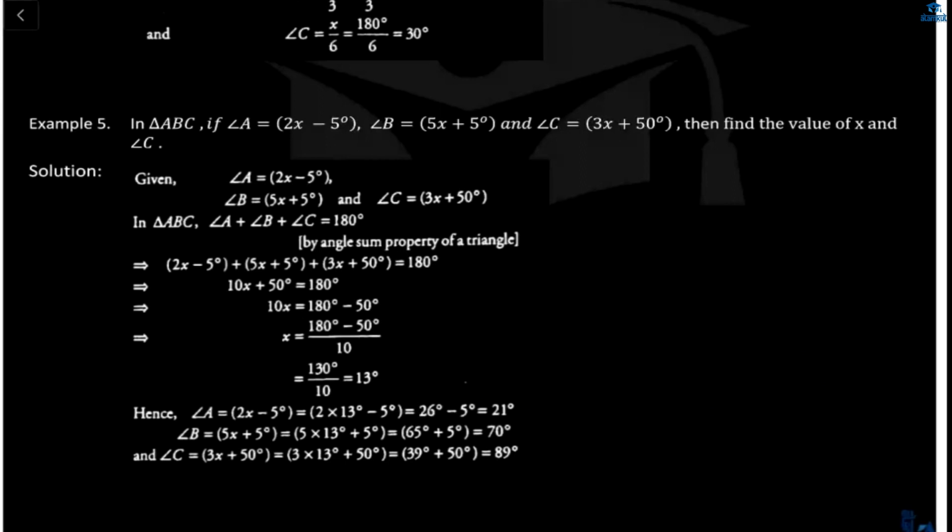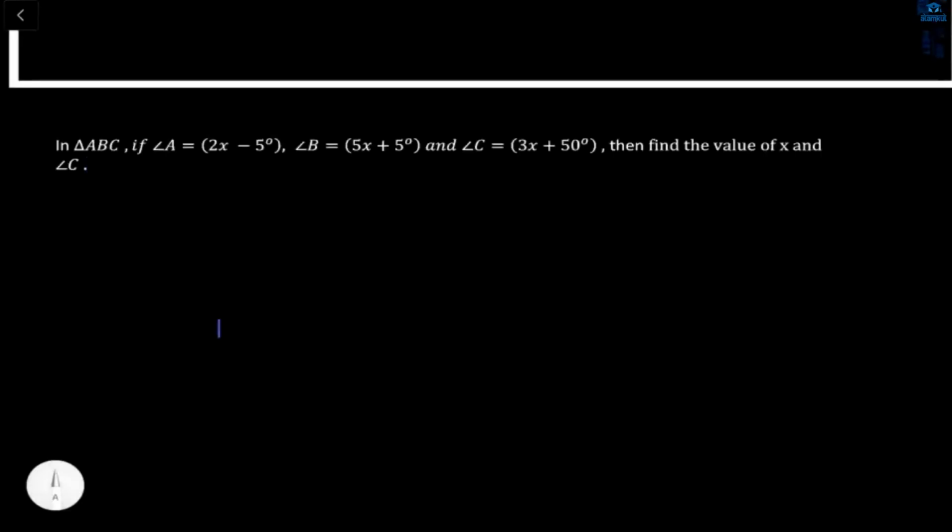Now, the next question. In triangle ABC, if angle A is equal to 2x minus 5 degrees, angle B is equal to 5x plus 5 degrees, and angle C is equal to 3x plus 50 degrees, find the value of x. Again, in a triangle you have to mention all the theorems.